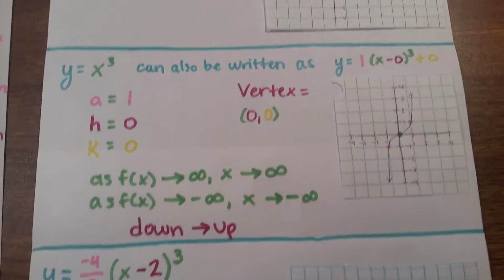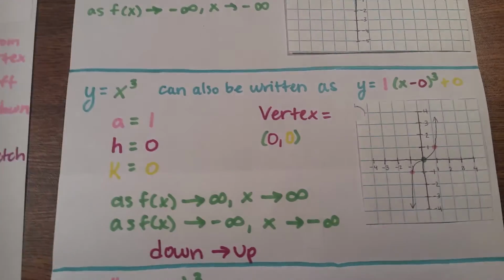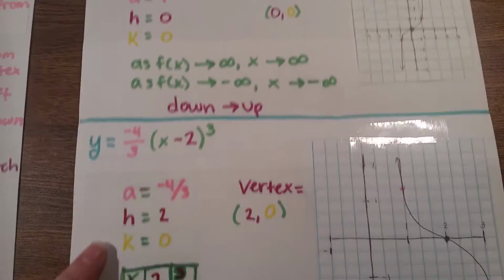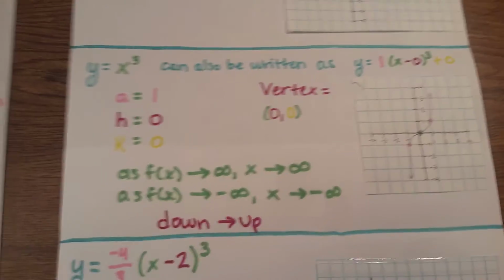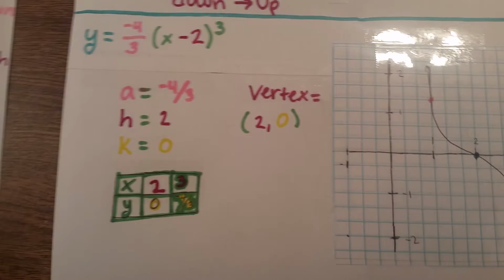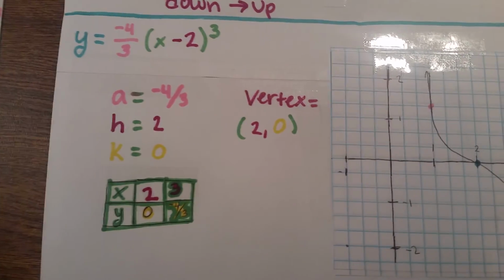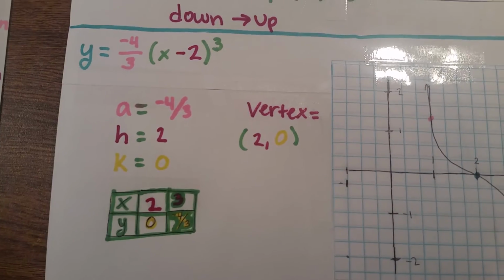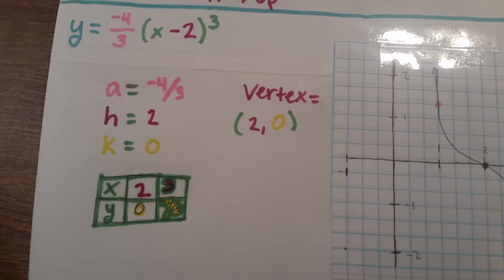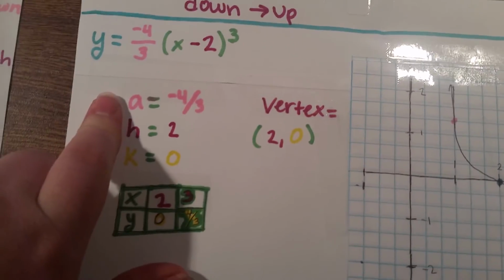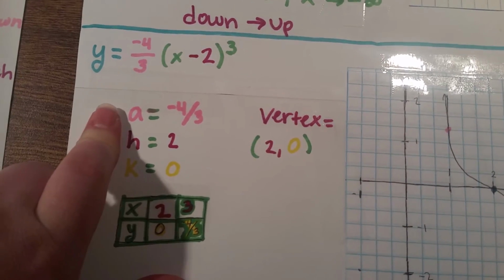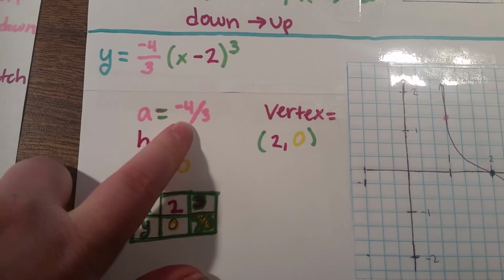The next example is a bit harder, but if you know the rules, it's not too hard. This one is y equals negative 4 over 3 times (x minus 2) cubed. Now, we didn't go over exactly what to do when a equals a fraction.